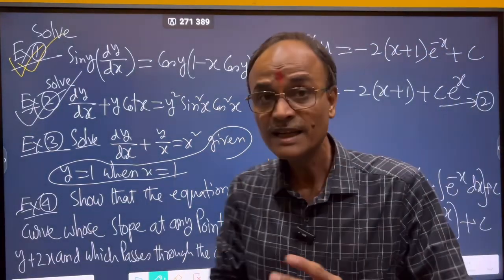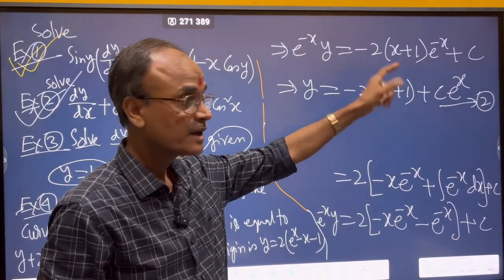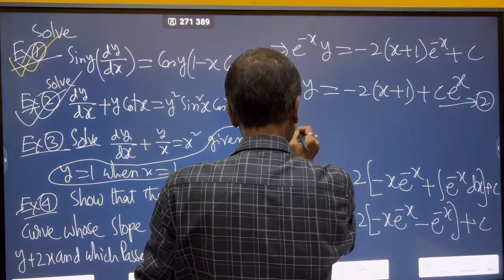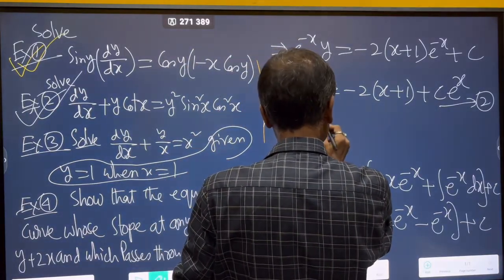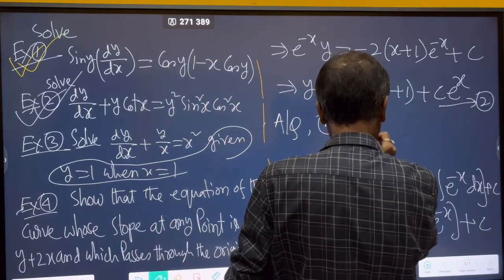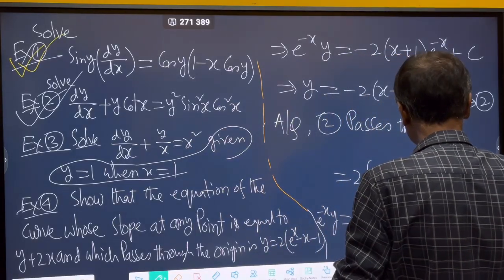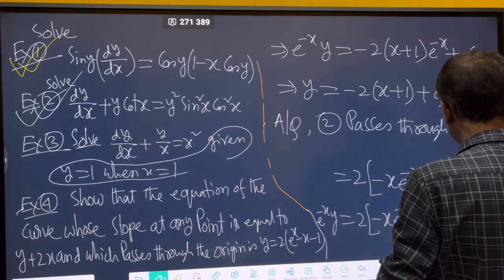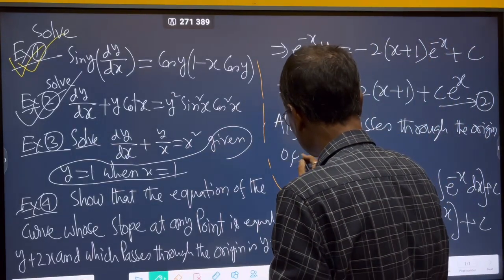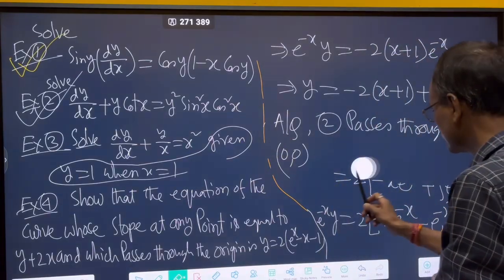According to the question, the curve of equation number 2 passes through the origin 0, 0.